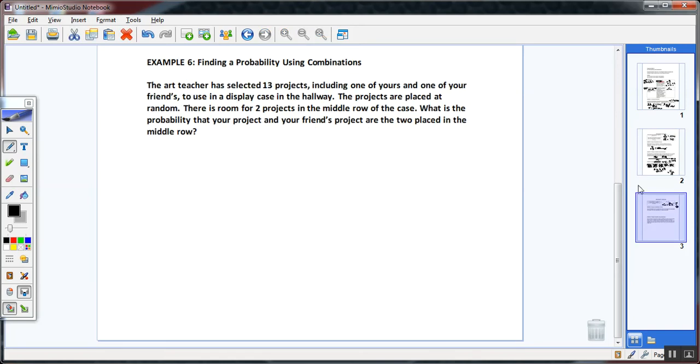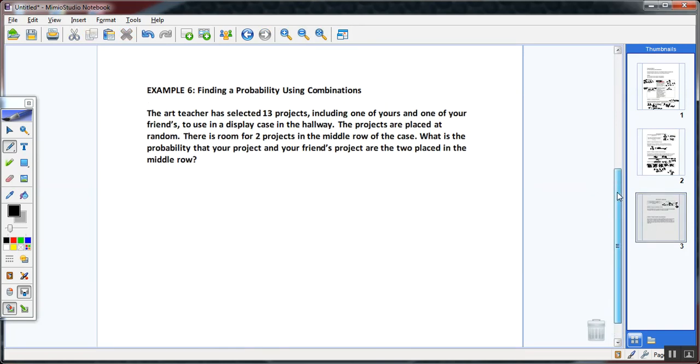So let's take a look at this last example. The art teacher has selected how many projects? 13, including one of yours and one of your friends, to use in a display case in the hallway. So Brianna and Tristan, your art projects are in the hallway out of 13. Does it matter which order they were chosen?